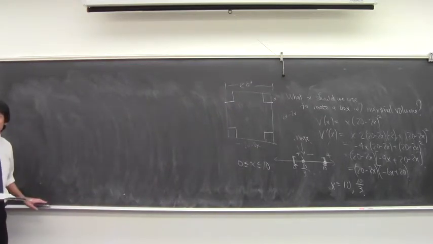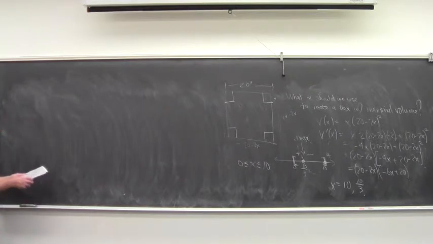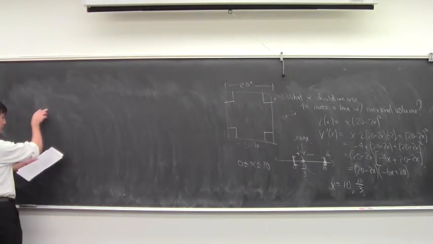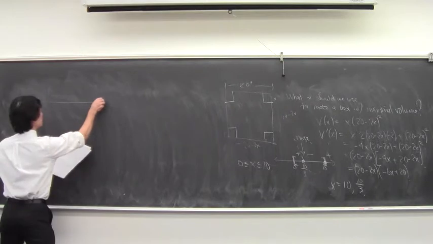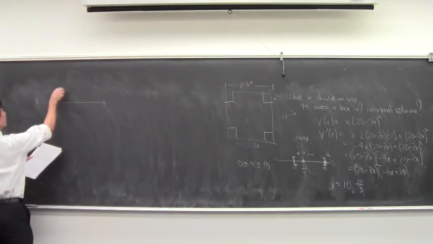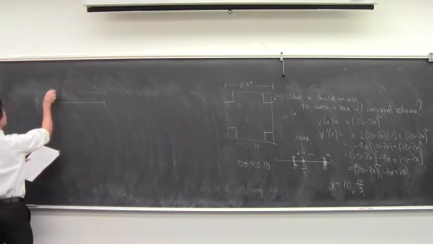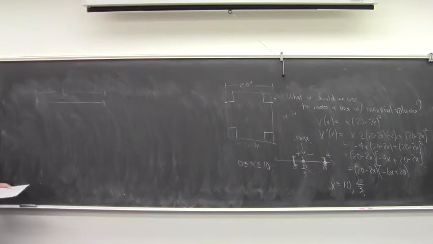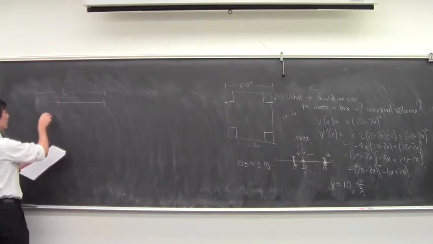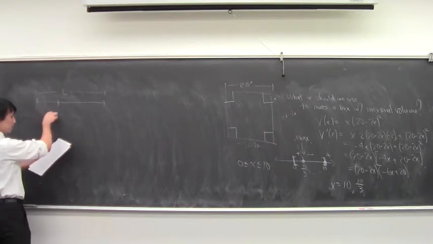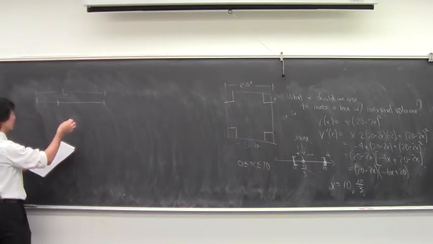Okay, let me set up just one more problem. I don't think we're going to get through it, but let me set it up. Somebody has a wire, and the length of wire is L. And that person wants to make 2 fences out of that wire. So the first one is going to be a circle.